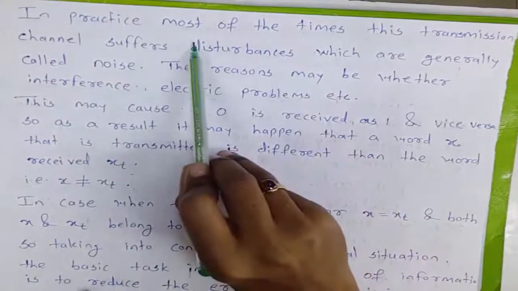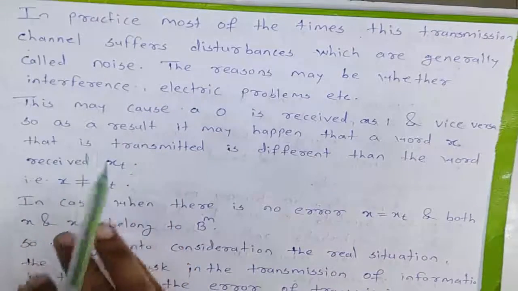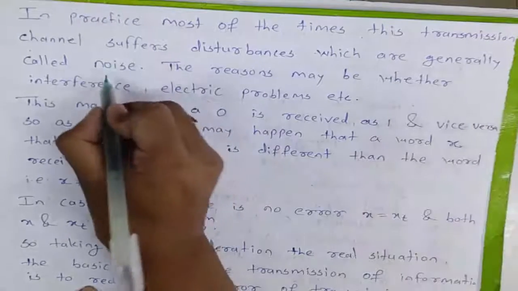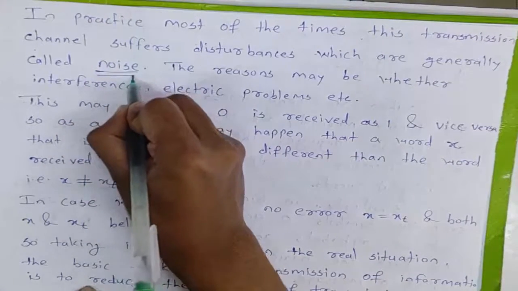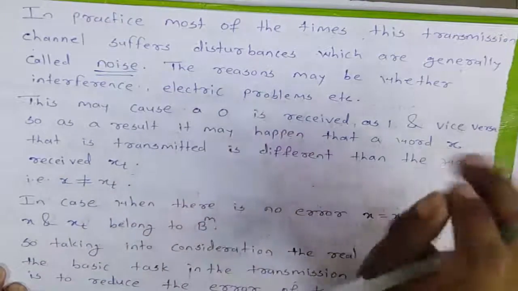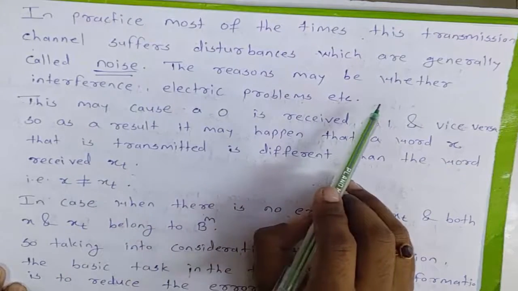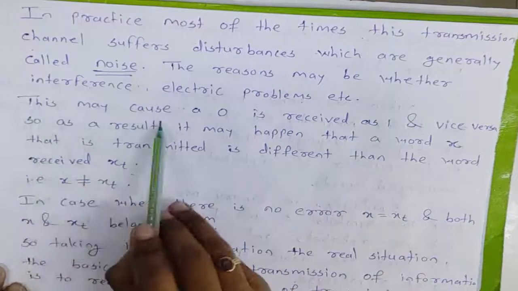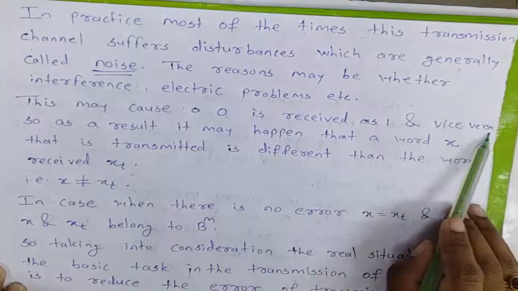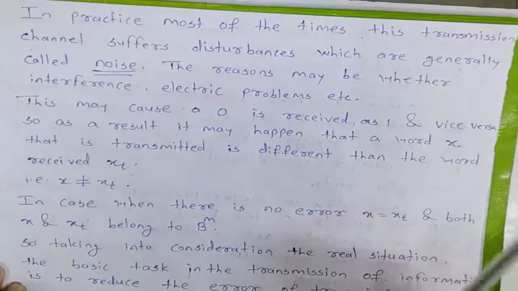So in practice, most of the time this transmission channel suffers disturbances which are generally called noise. The reason may be weather, interference, electric problems, etc. This may cause a 0 to be received as 1 and vice versa, that is, 1 is received as 0.